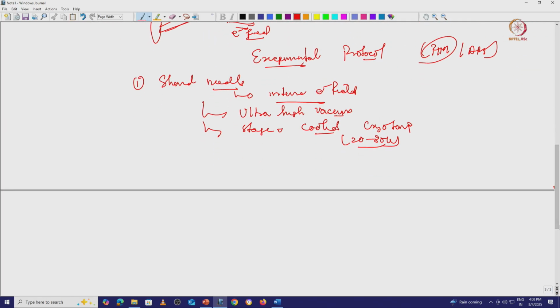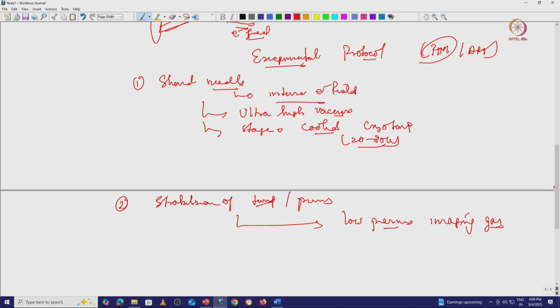The second important step is, after the stabilization of temperature and pressure, a low pressure imaging gas is introduced. The pressure can be in the range of 10 raised to the minus 5 to 10 raised to the minus 6 torr.